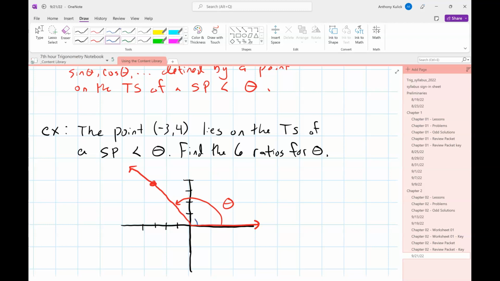So whether I went around once and then ended up there, or I went backwards and ended up there, it doesn't really matter, right? They're all going to have the same values for sine, cosine, and tangent because the terminal side is in the exact same location. So far, so good? Okay, I'm going to get those marks out of there.